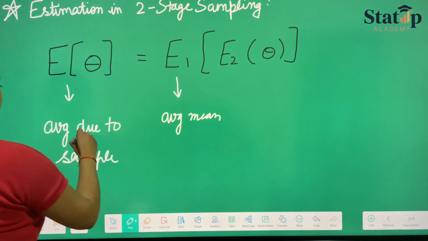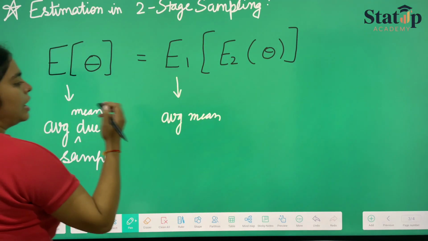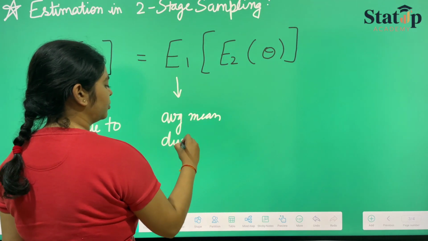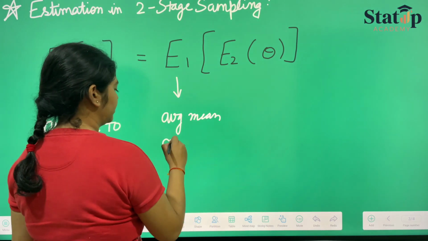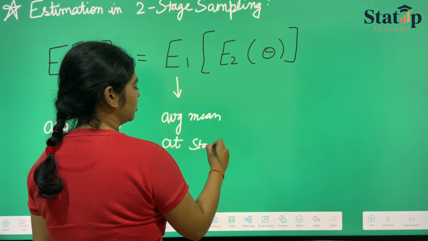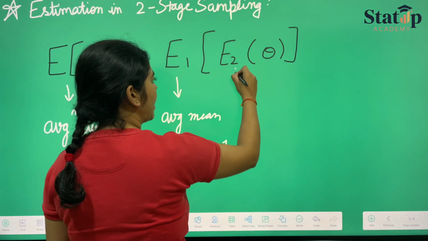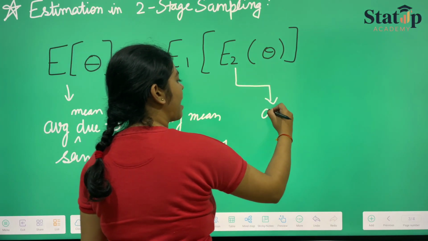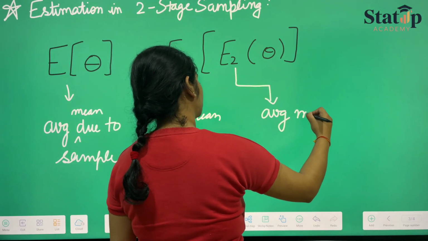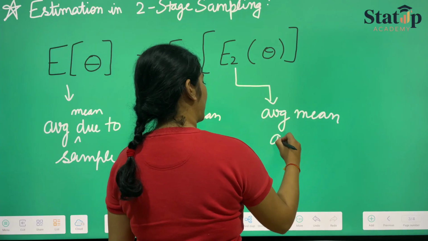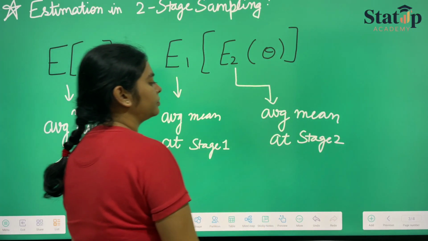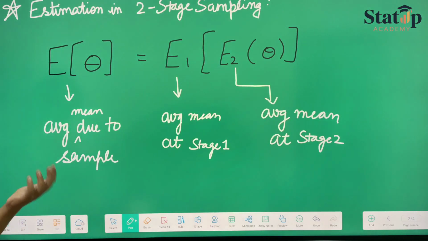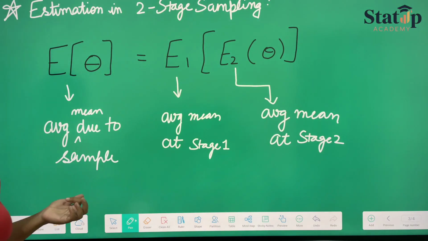We can also write mean if you don't understand average. So this is the formula for conducting estimation in two-stage sampling.